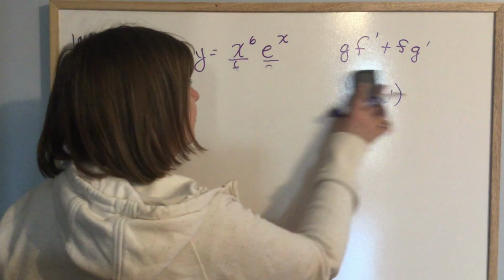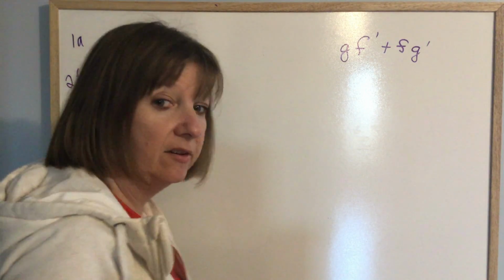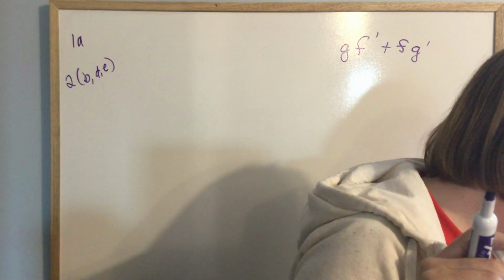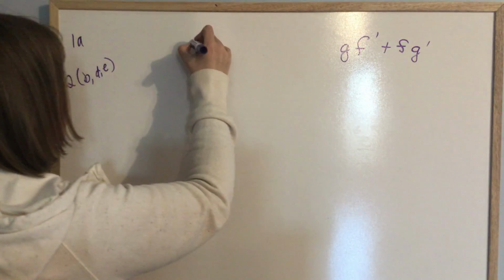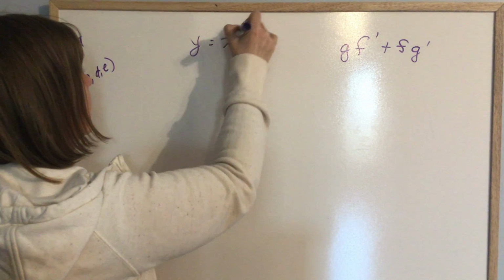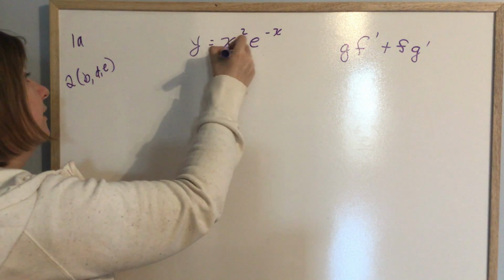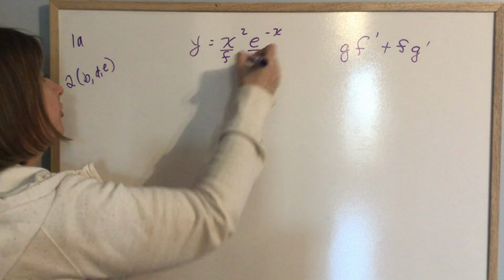D, I'll try and do the right question this time. D says x squared e to the negative x. So again, here is f, here's g.